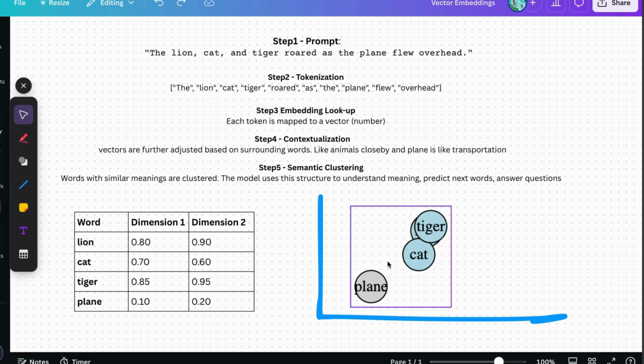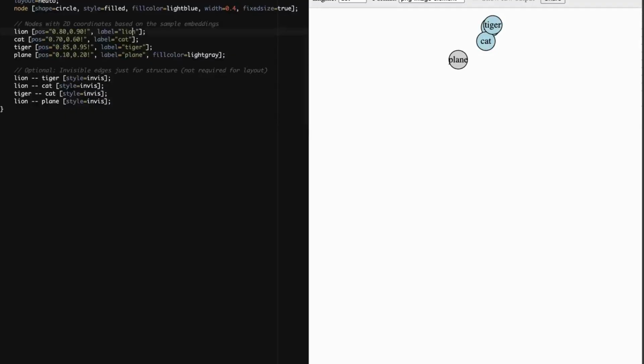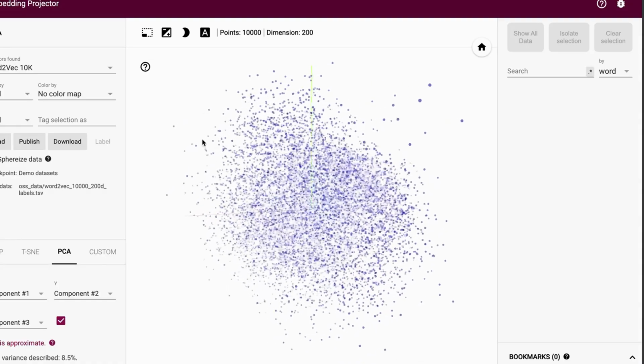If I want to show you this demo in real time, if I take a large set of words, this is how I was plotting it based on position, how we put each word. Let me take you to the embedding structure.